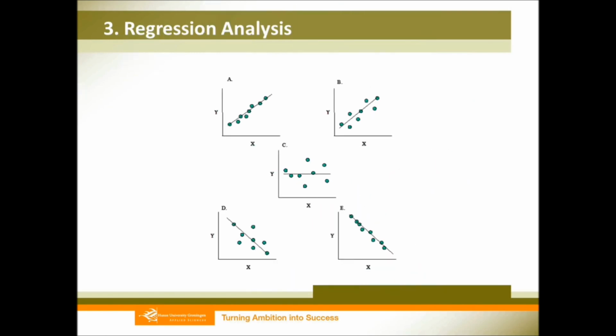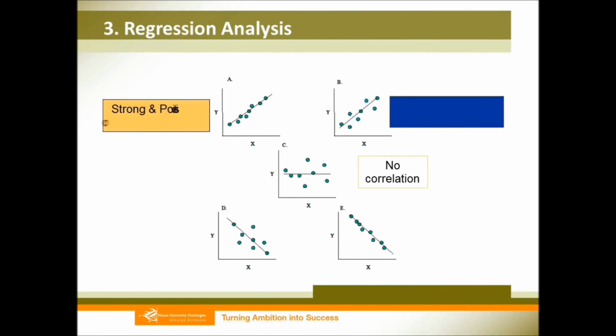Now let's look at these five figures, A, B, C, D, and E. You will find in the middle there is no correlation between our independent and dependent variable. The difference between figure A and figure B is that in figure A, all the data points tend to cluster around the trend line, while in figure B, the data points are more scattered.